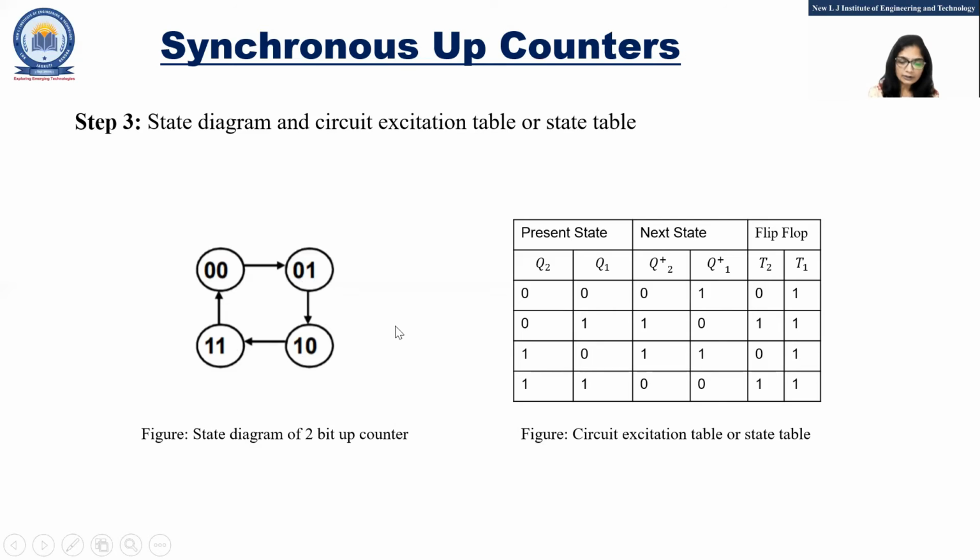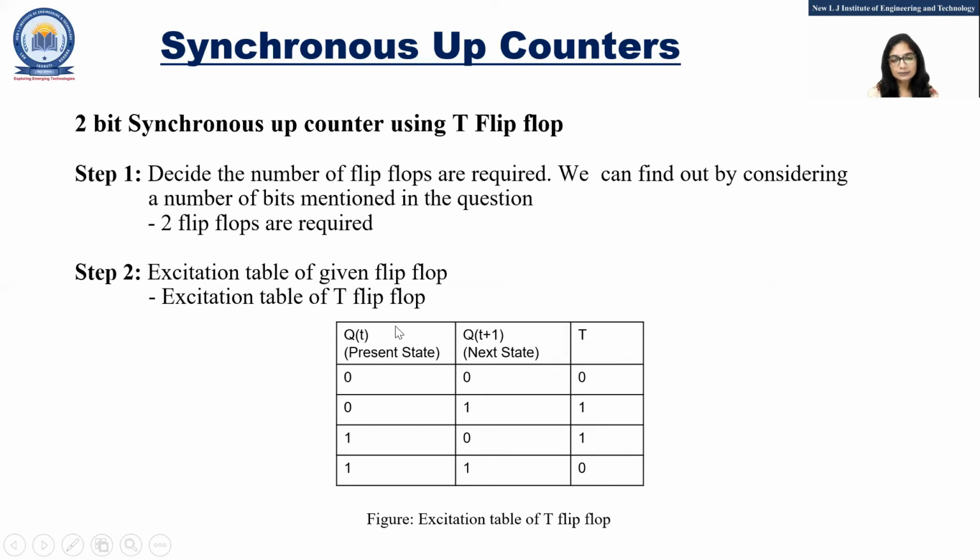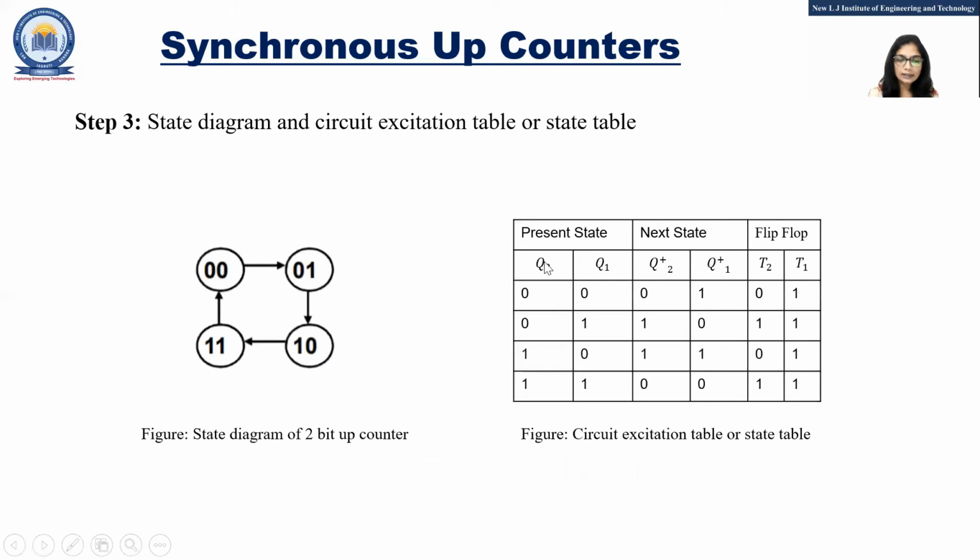Now, we will refer to the excitation table of the T flip-flop. Here, what is given? Present state and next state. So suppose the present state is 0 and the next state is 0. At the same time, T is 0. Here you can see, if present state Q2 is 0 and next state Q2 plus is 0, then T2 will be 0.